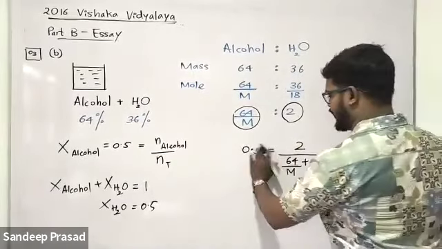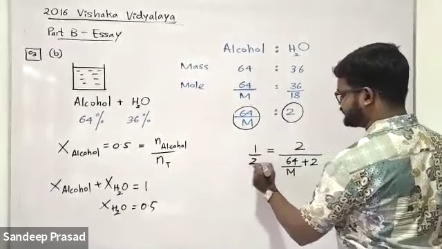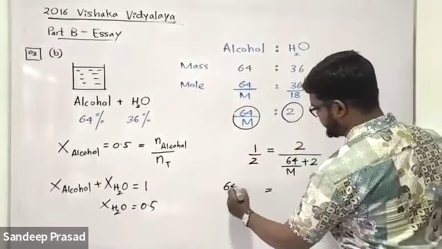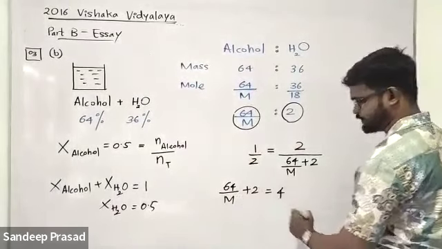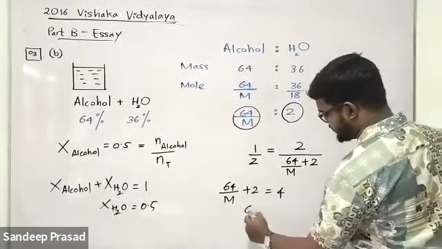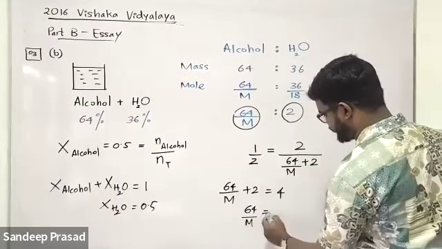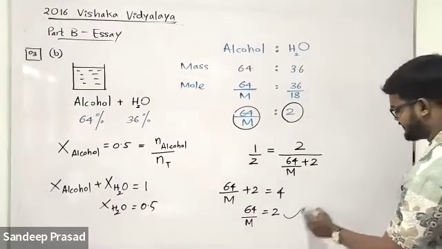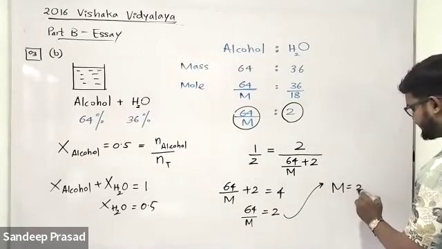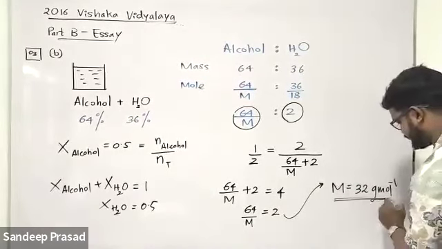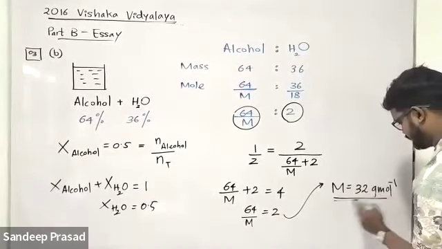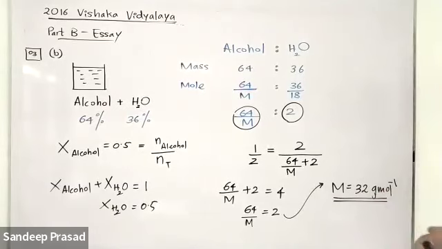We know 0.5 is half. Do the cross multiplication: 64 over M plus 2 is equal to 4. Then 64 over M is equal to 2. Then what is the value of M? M is 32. Capital M is 32 grams per mole.